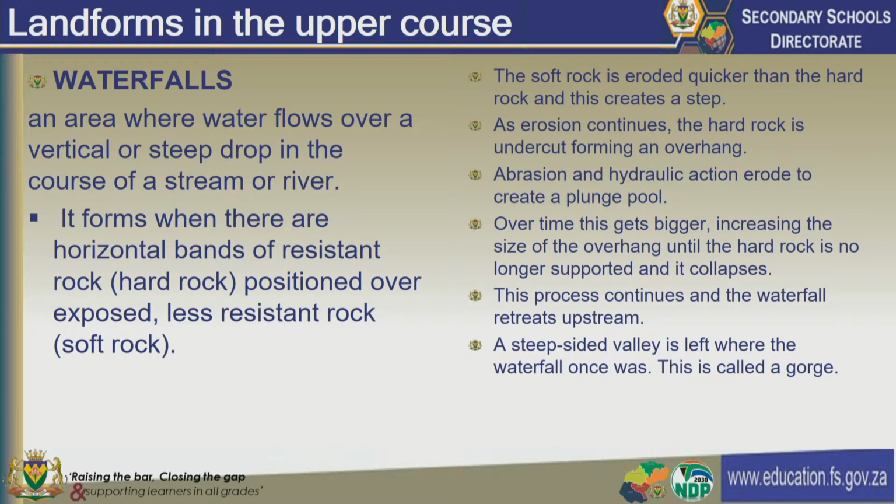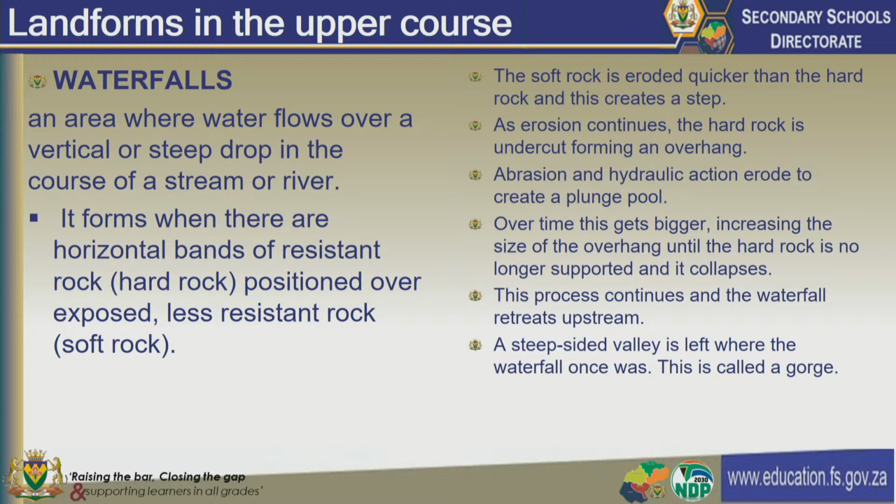As erosion continues, the hard rock is undercut, forming an overhang. Abrasion and hydraulic action erode to create a plunge pool. I think all these features are things that we need to actually see to really understand what we are talking about.